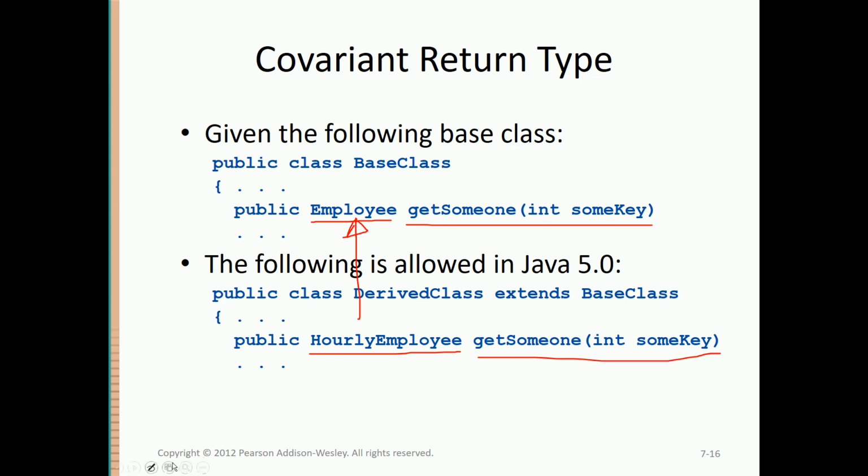Now imagine, for some reason, this was not employee, but hourly employee. If I return an hourly employee, that's fine. I'm doing the regular overriding that I'm expecting. But if I would like to change the return type and make it employee, it's not going to work. Or if I say, you know what, I don't want to return anything, I want to make it void.